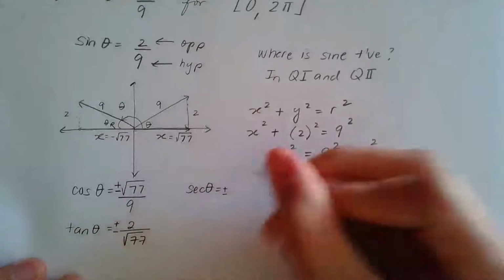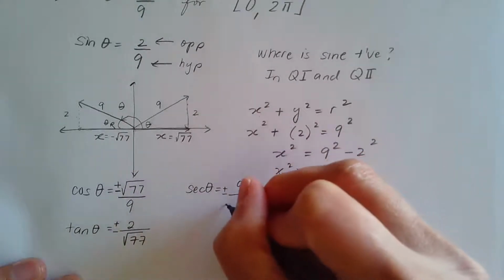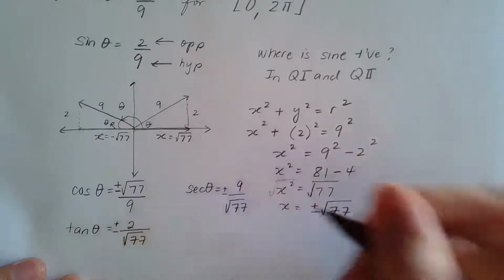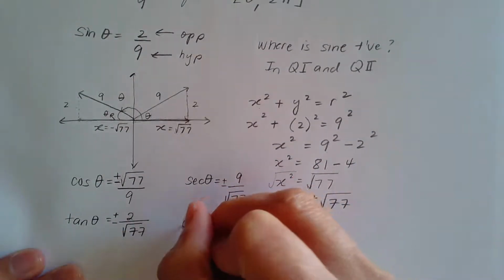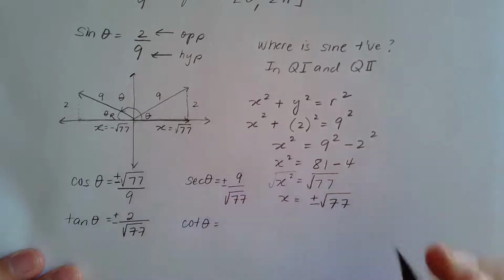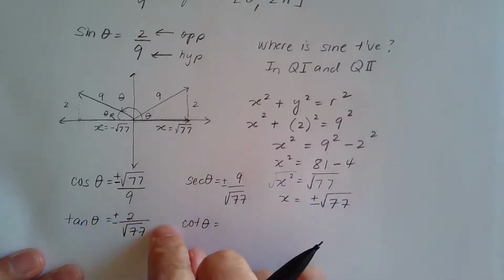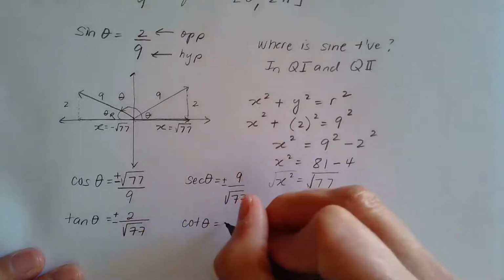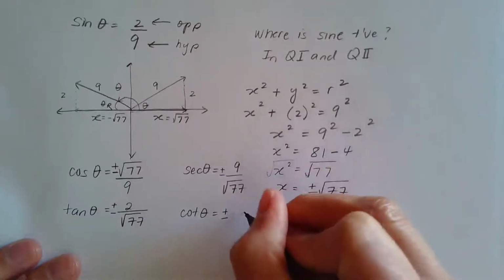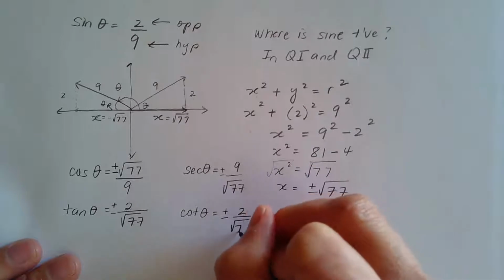So it's still plus or minus 9 over root of 77. And then cotangent theta is equal to the reciprocal of tan theta. So if we just take the reciprocal of this, we're going to get plus or minus 2 over root of 77.